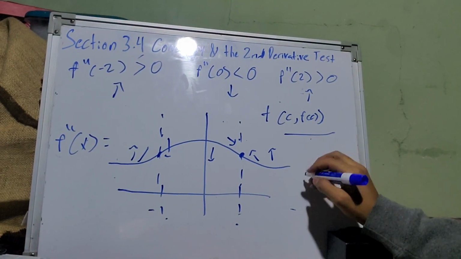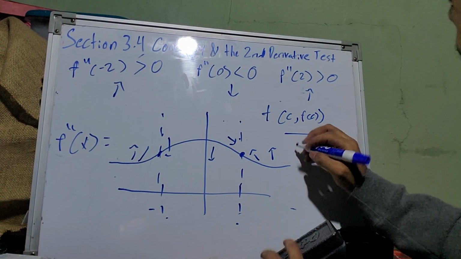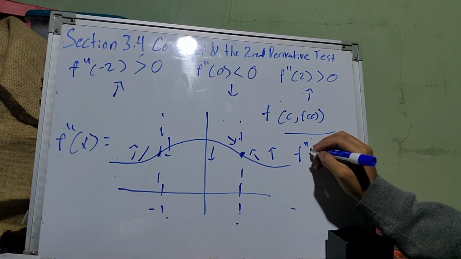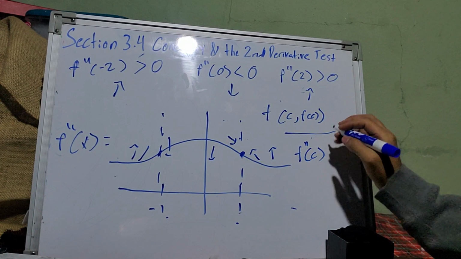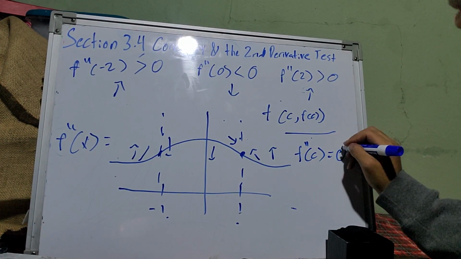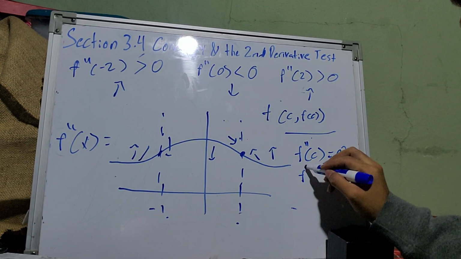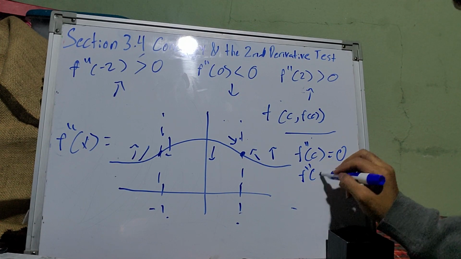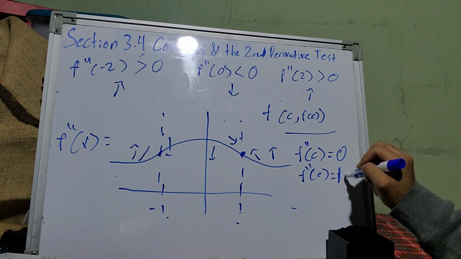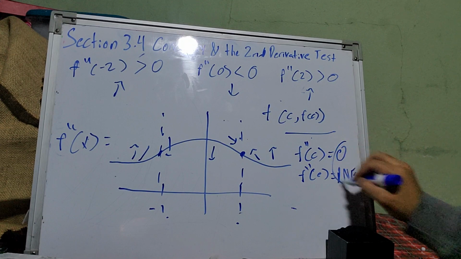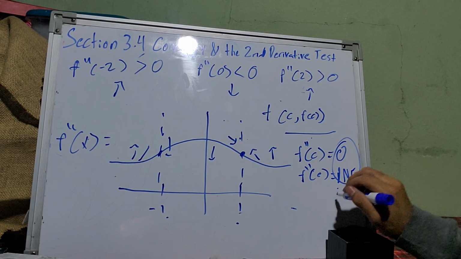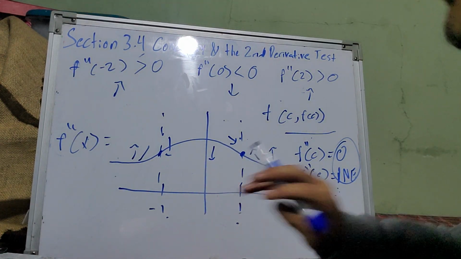This is determined when we find that the second derivative of the function at c is equal to 0, or if the second derivative at c does not exist. These are the two tests to determine whether or not there will be a point of inflection without using a graph.